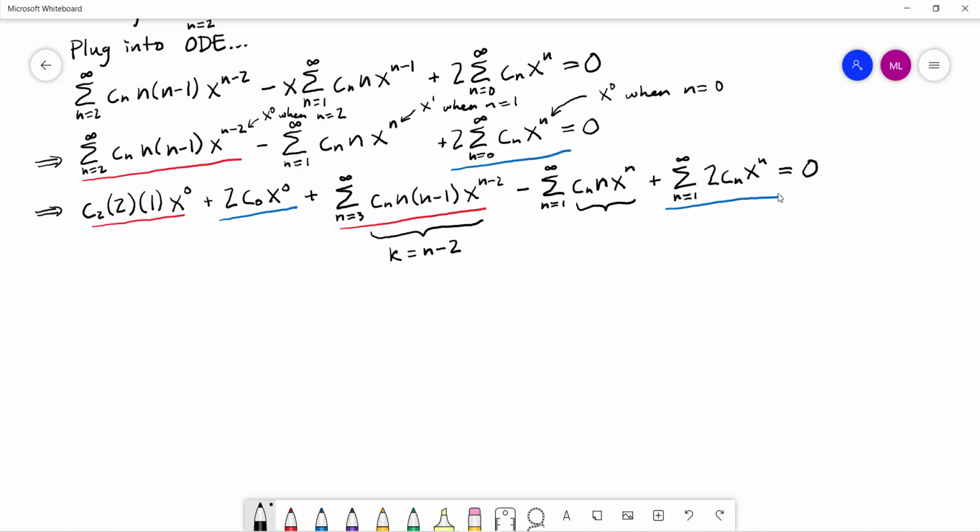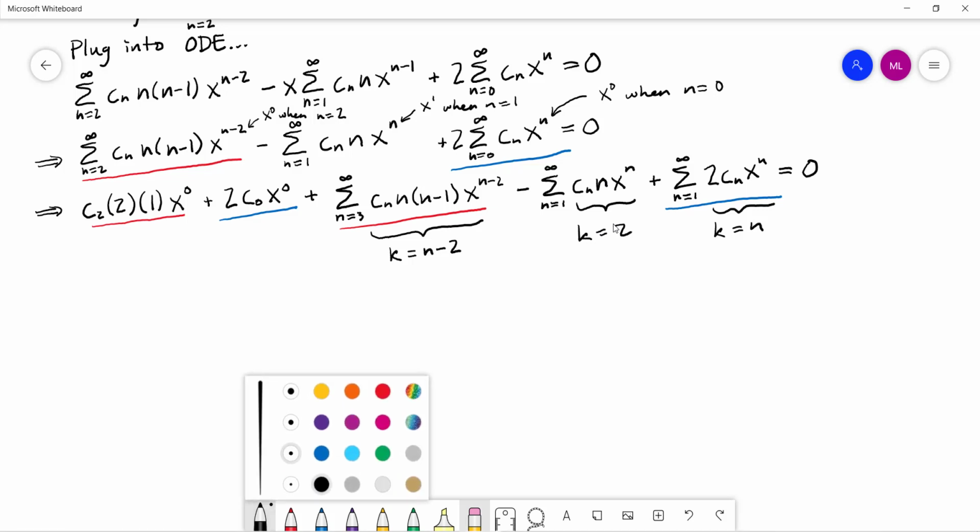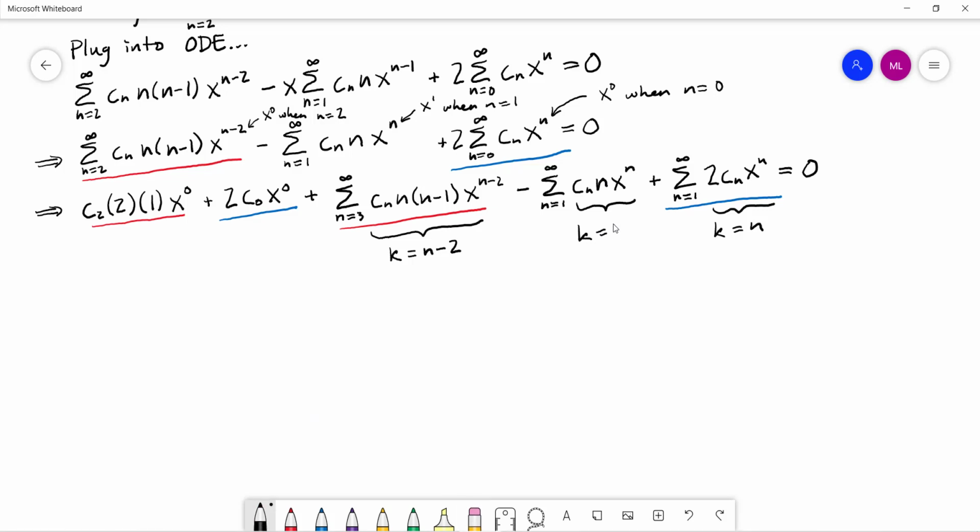For this one, k is just going to be equal to n, and for this one, k is going to be equal to n. And again, I'm just looking at the powers: n minus 2, n minus 2, n, n, n, n.